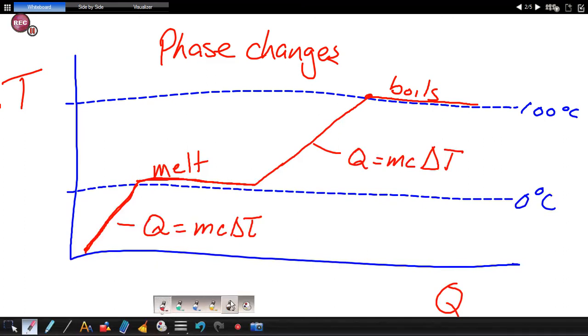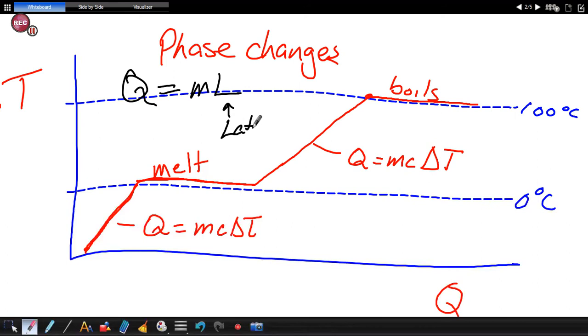And what we will describe is that the energy that we have to put in to cause a phase change is based solely on what the material is and the mass. This L here is what's called the latent heat. It is extra heat that's used or available that doesn't involve the temperature change, it involves the phase change.